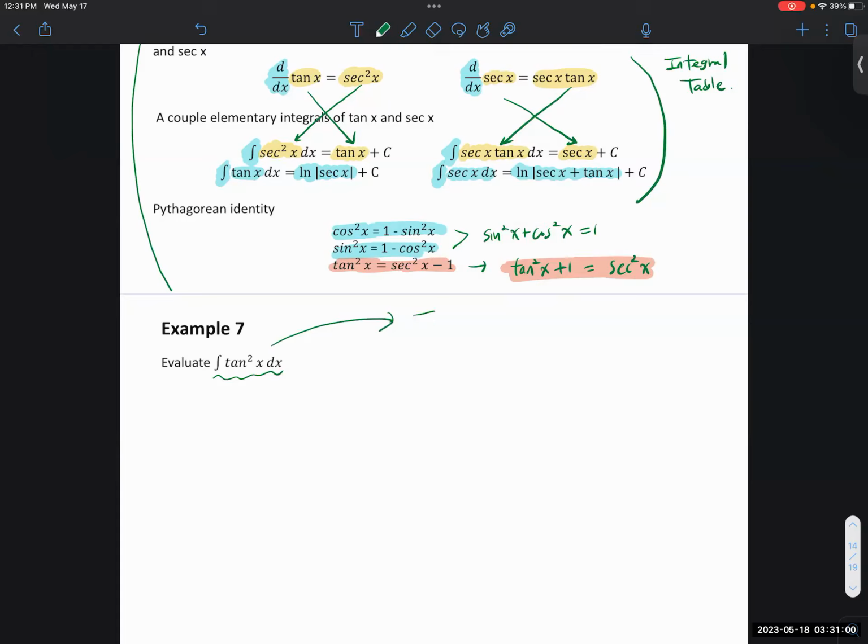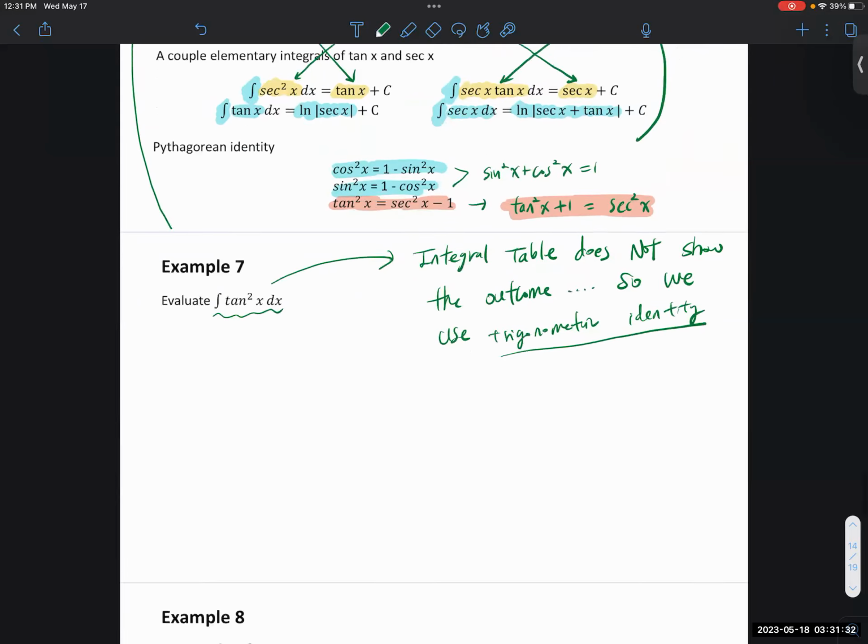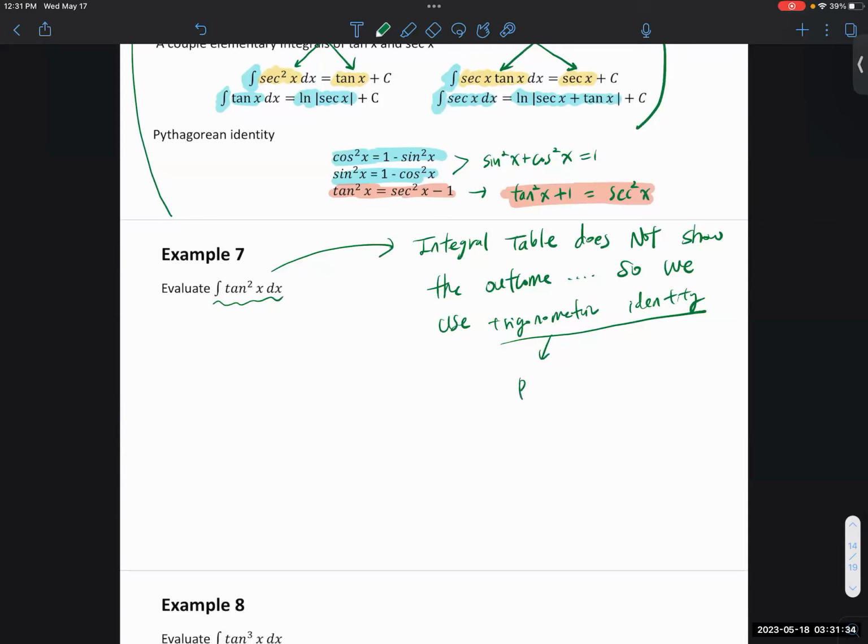The problem is the integral table does not show us the outcome. So we use a trigonometric identity that you know. One of the identities is a Pythagorean identity.